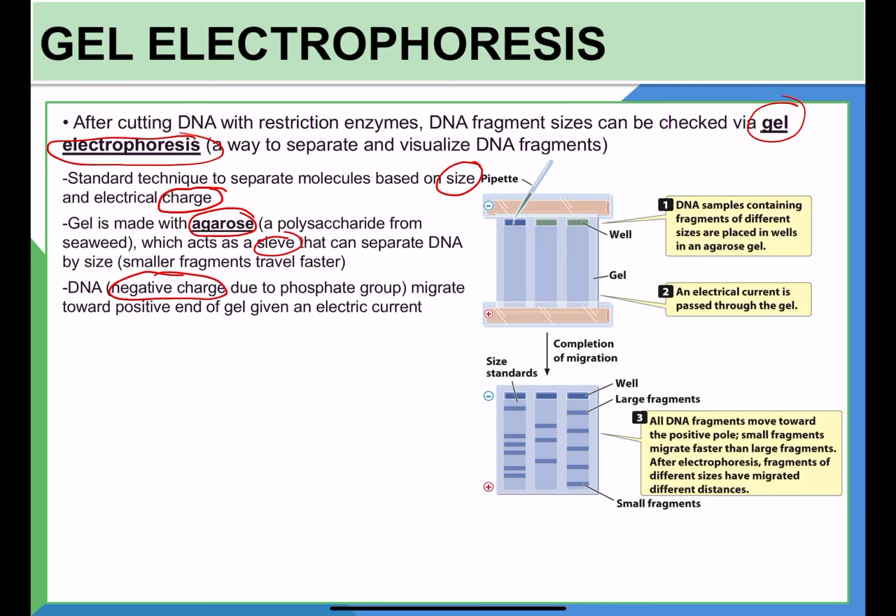And that's why you always have a negative electrode on one side of the gel and a positive electrode on the other side of the gel, and DNA will migrate downwards toward the positive side of the gel because DNA is negatively charged.